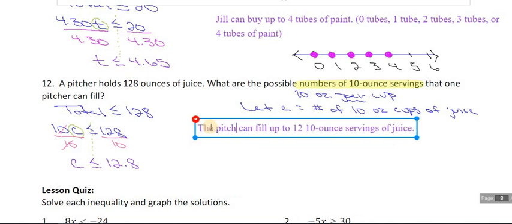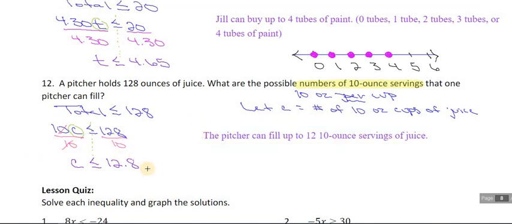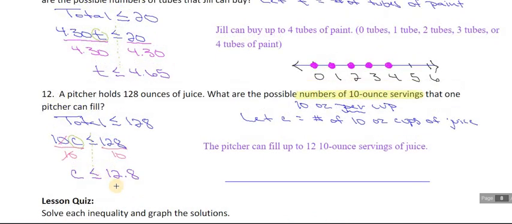The pitcher. Okay, so we're talking about full servings. So once again, if we're talking about only full servings, theoretically, somebody's going to feel slighted if they get only 80% of their cup filled. Okay, so this would be another discrete situation. So 12 cups, 11 cups, 10 cups.